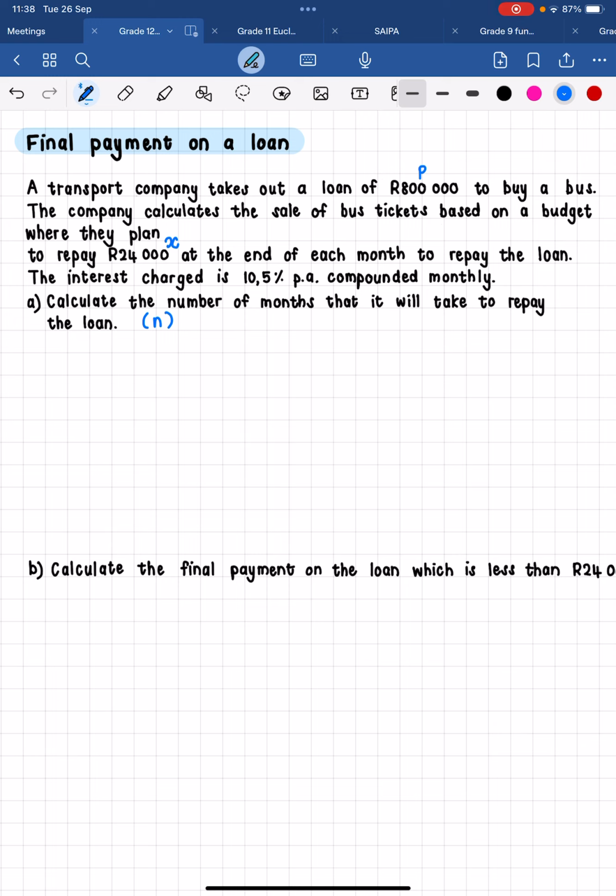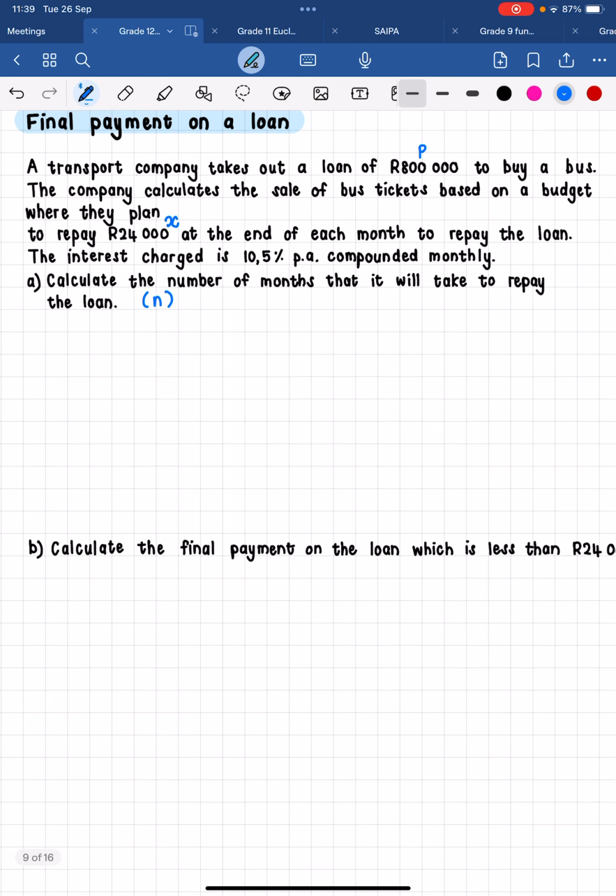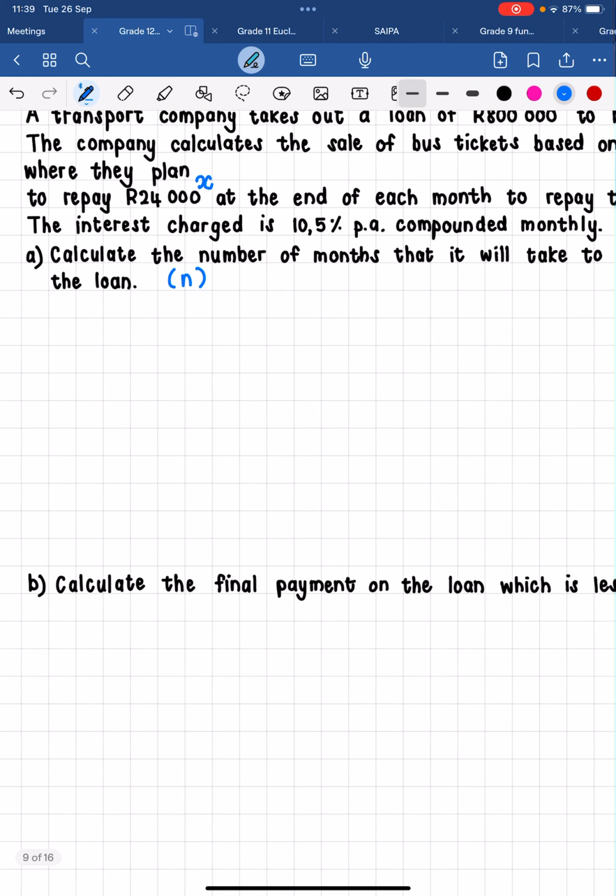Okay, so we're going to write down that formula. I'm just going to write it again, the present value formula, and then we're going to fill in all of the values that we have been given, and we're solving for N. That is right, hey? 1 minus bracket to the power of negative N over I. All right, P is what they gave us.